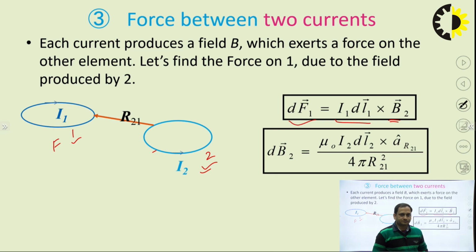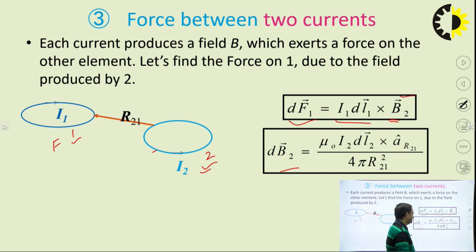So here, if we want to find the total magnetic flux density, we can write B2. For that we require dB2, right?